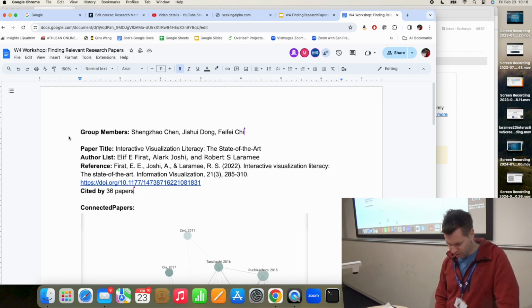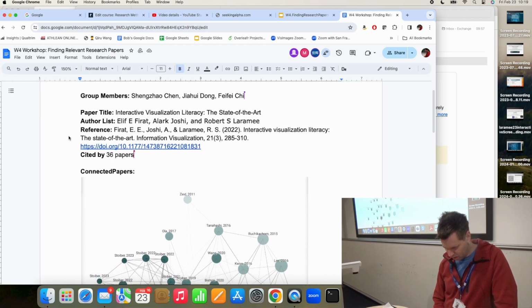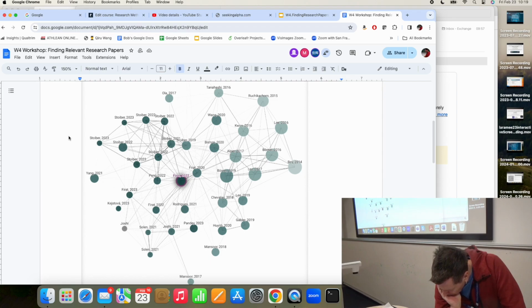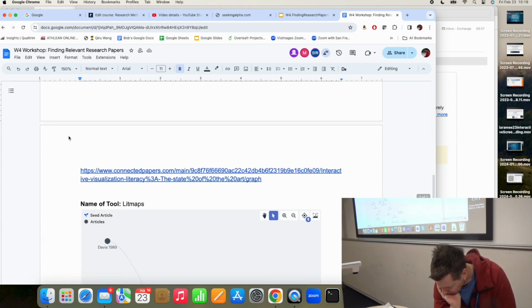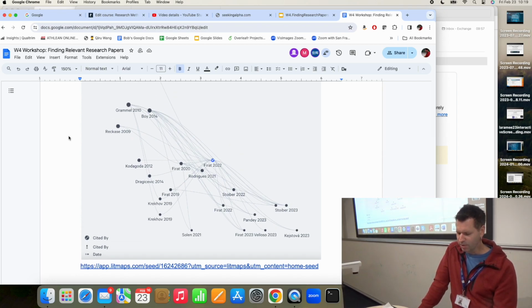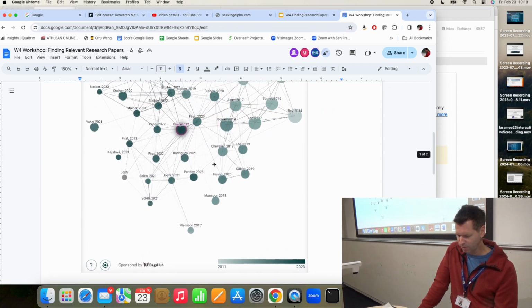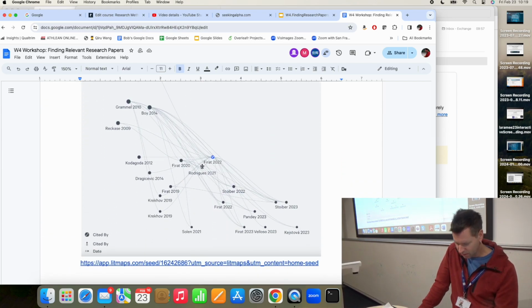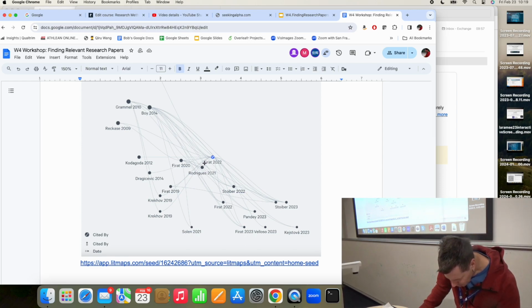Okay, yep, that's a good one. Divided by 36, yep. Okay, connected papers. Lit maps. You can see that lit maps is leaving out a lot of information. Connected papers has more information than lit maps. Cited by date. Cited by.